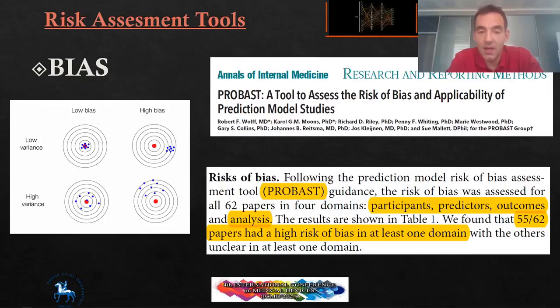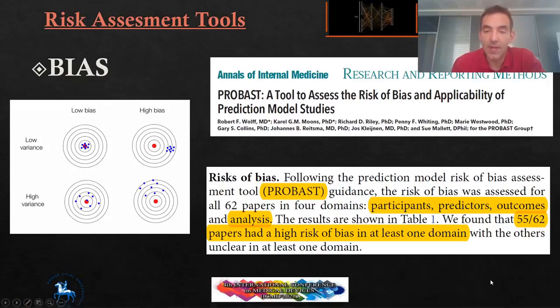Now, the article found that participants, predictors, outcomes, and analysis bias, which creates 4 domains for bias analysis. They found that 55 of 62 papers had a high risk of bias in at least one domain.